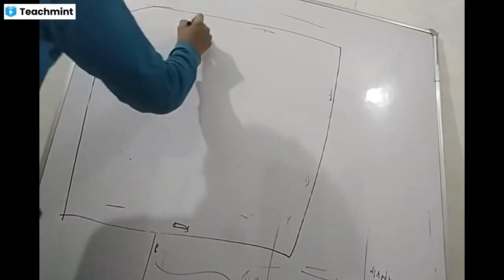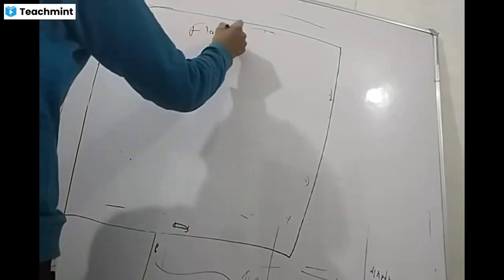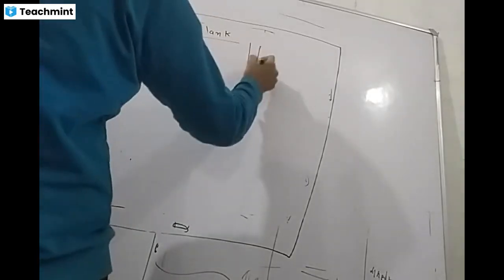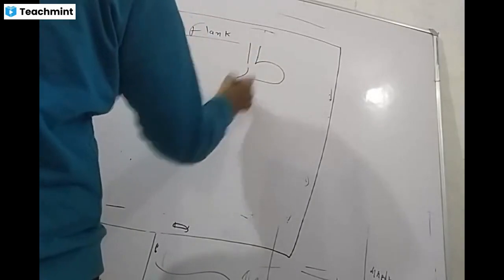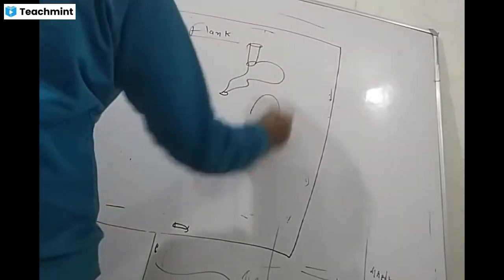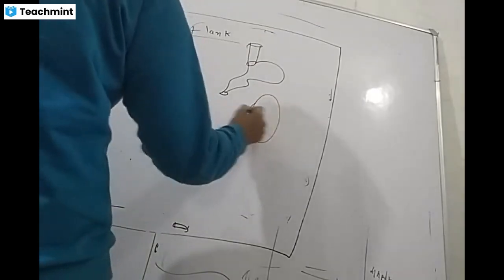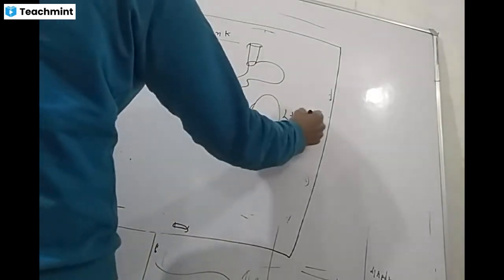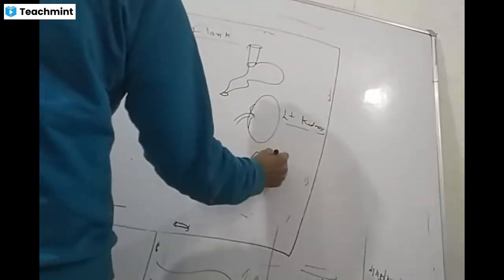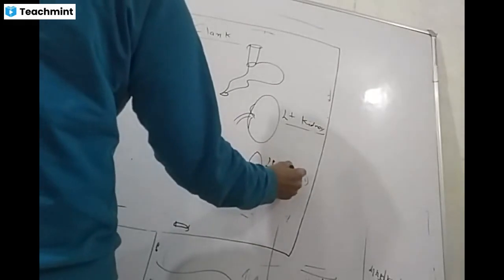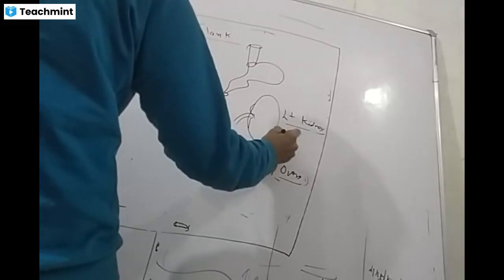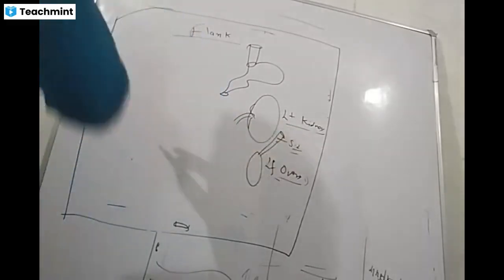The second is the flank approach. So this is the stomach, and here is the left kidney, and here is the left ovary, and this is the suspensory ligament.